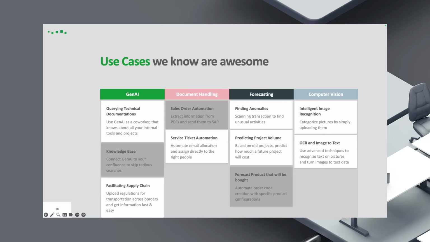And in the area of forecasting, we, for example, have the use case of finding anomalies, for example in product fail rates.